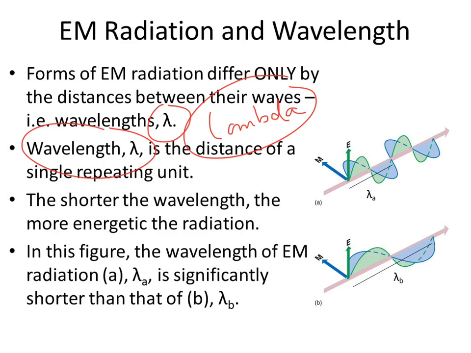So if we call this A and this B, which one do you think is more representative of radio waves? B. Longer waves? Exactly. So this longer wavelength would be more like radio waves. And this shorter wavelength would be like gamma rays.